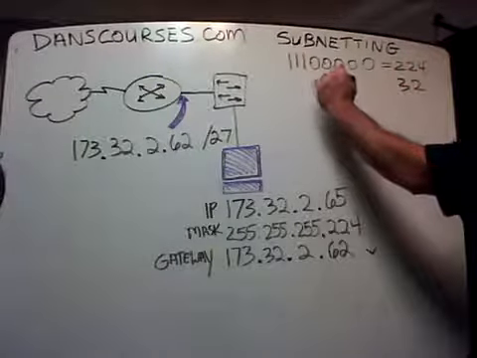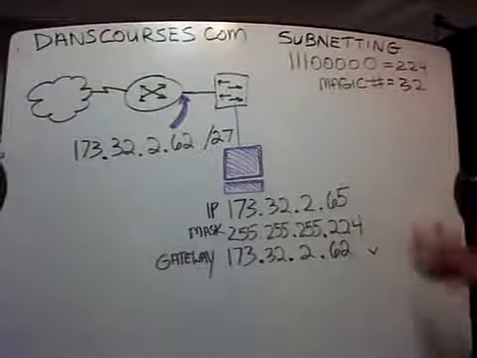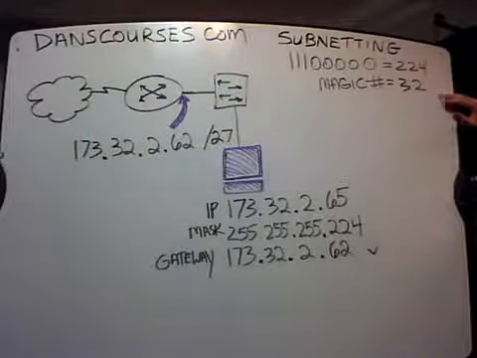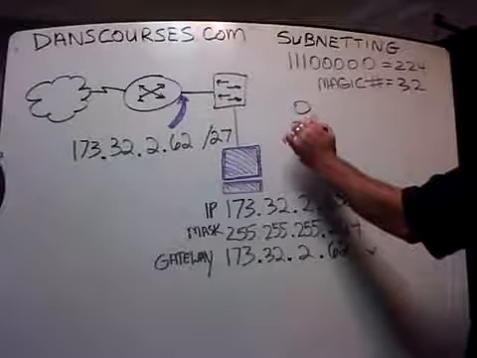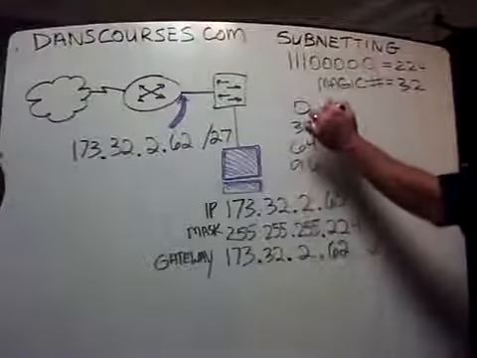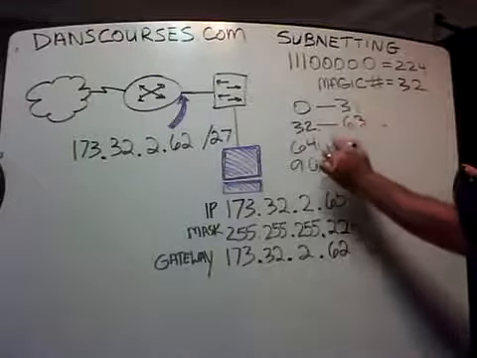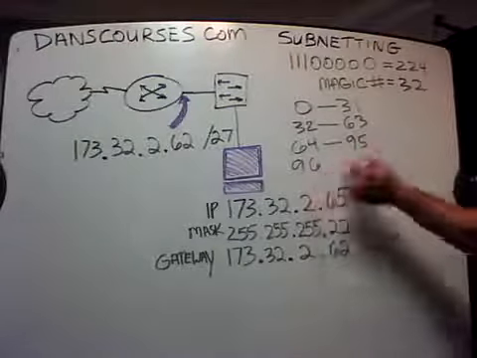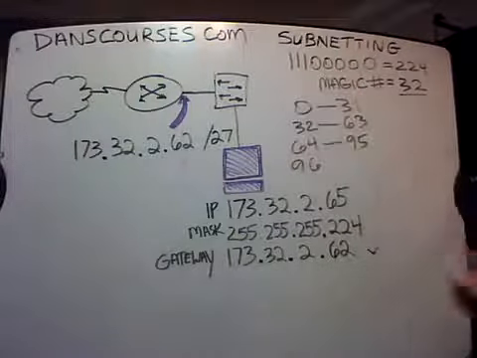The magic number equals 32, and that tells us where our networks are. The networks go up by 32: the 0 network, the 32 network, the 64 network, the 96 network. That would be 0 to 31, 32 to 63, 64 to 95, and so on, in increments of 32 because the magic number in the last octet is 32.